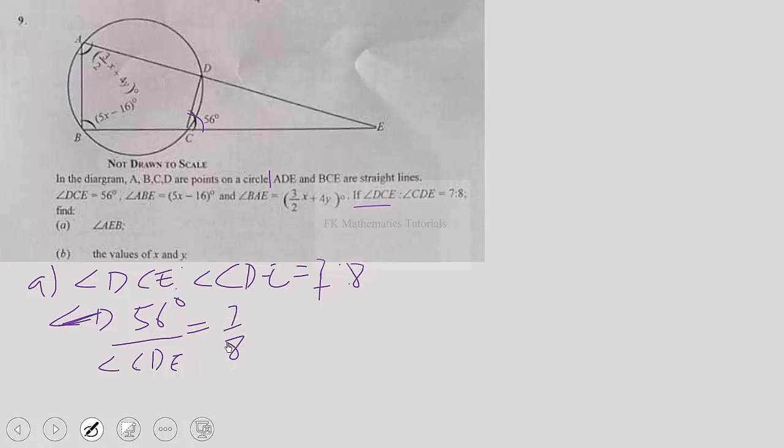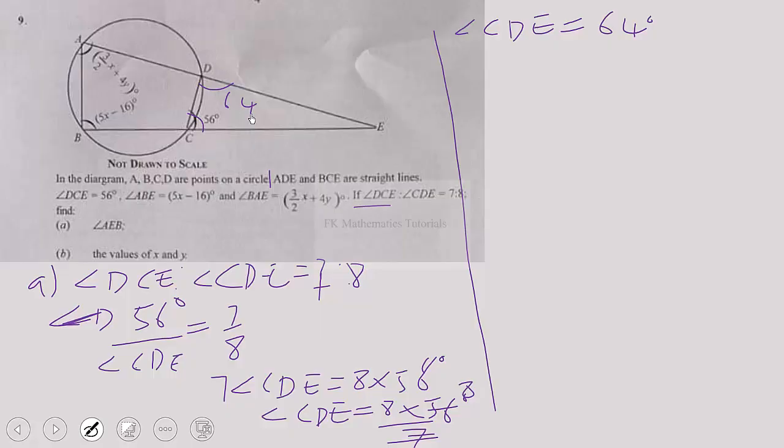So if you cross multiply, you get 7 times angle CDE will be equal to 8 times 56 degrees. So angle CDE will be equal to 8 times 56 degrees over 7. 7 goes into 56 8 times. So 8 times 8 gives us angle CDE equal to 64 degrees. So this angle is 64 degrees.